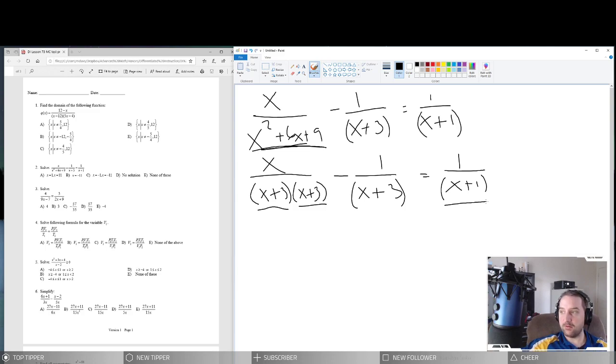So for example, this needs an x plus 1. I'm going to change the color because it'll be easier to see. So this needs an x plus 1 over x plus 1. This needs an x plus 3. So now I have 2 of them. And it needs the x plus 1. And then this one needs 2 x plus 3's.